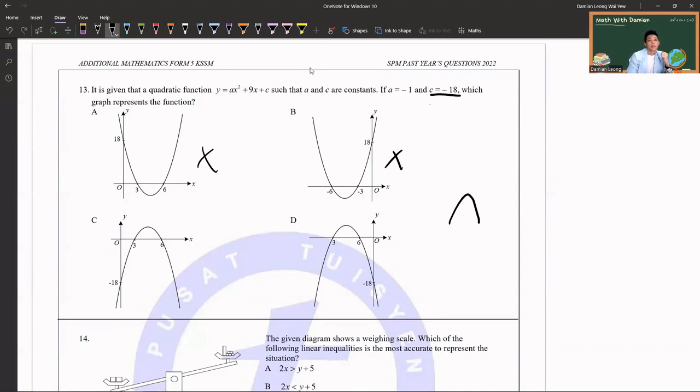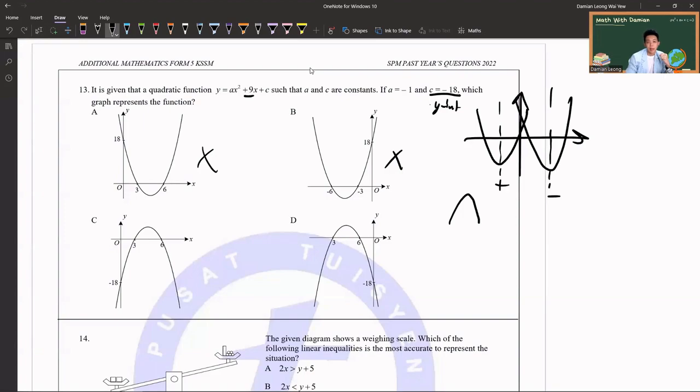The c value indicates the y-intercept, which both indicate negative 18. So we look at the b value. For U-shape, when b is positive, the axis of symmetry is on the left. When it's negative, the axis of symmetry is on the right.